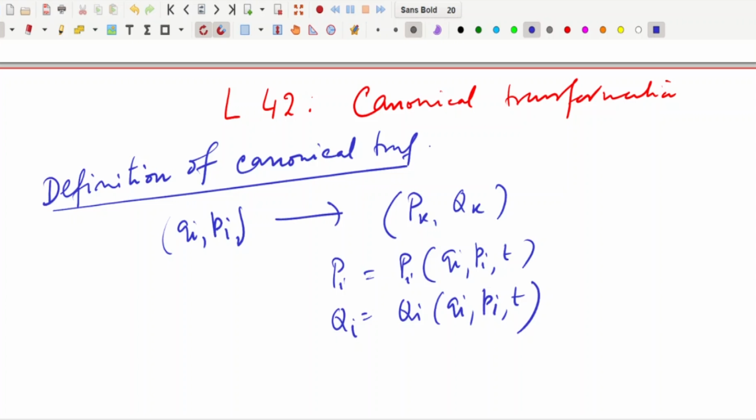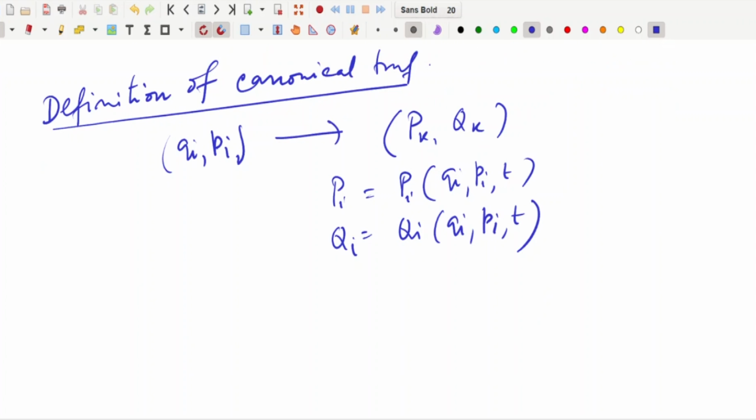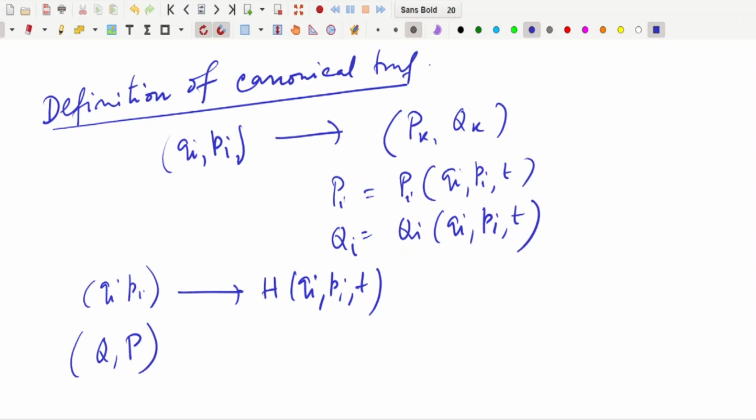This transformation will be a canonical transformation if the canonical equations are preserved. So with the qi, pi as canonical variables, the Hamiltonian is H, which is a function of qi, pi, and t. Now capital Q and capital P are also canonical variables, and I can have a new Hamiltonian, which let us denote with K, a function of Qi and Pi with t. This is the new Hamiltonian in terms of the new canonical variables.